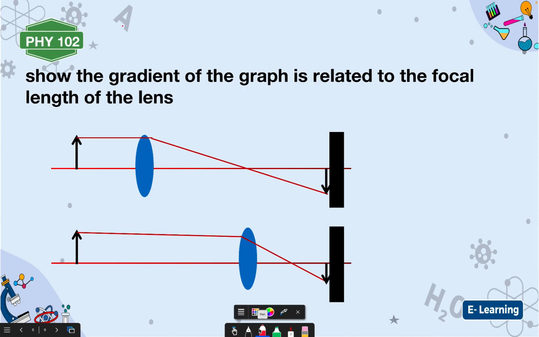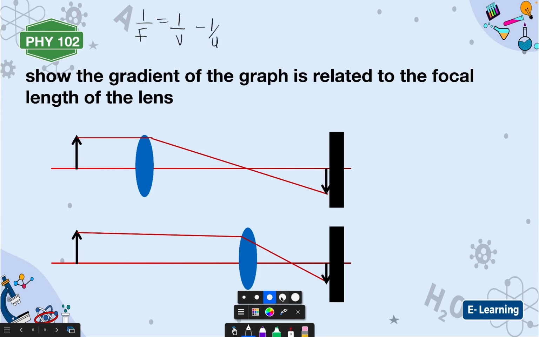You know the mirror formula we were taught in secondary school. We are taught that 1 over f is equal to 1 over v minus 1 over u.